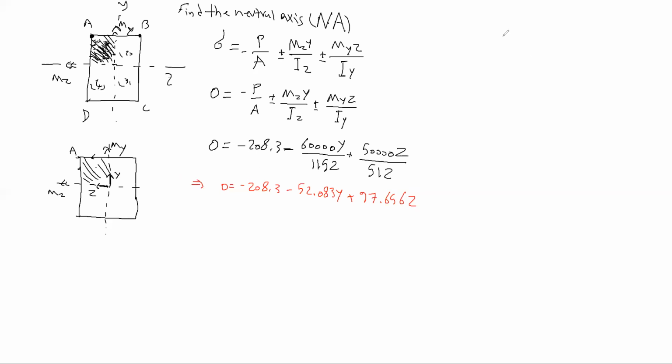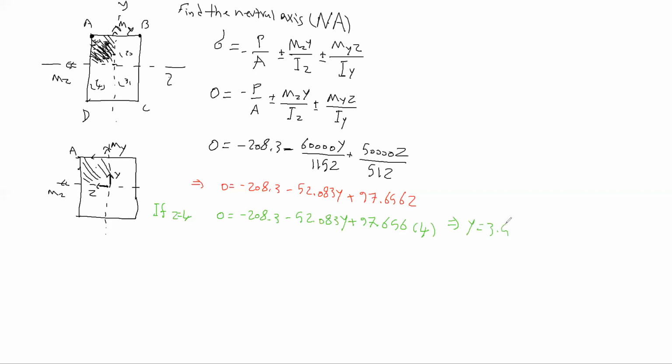And now let me write with the green. If Z is 4 inch, for example at this point, times 4, right? And now that's an algebraic equation. We can find Y. What is Y?